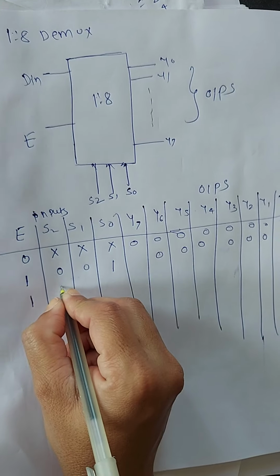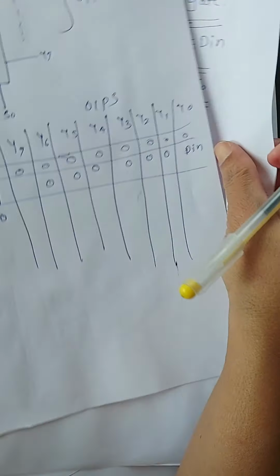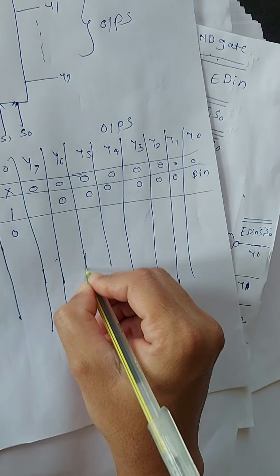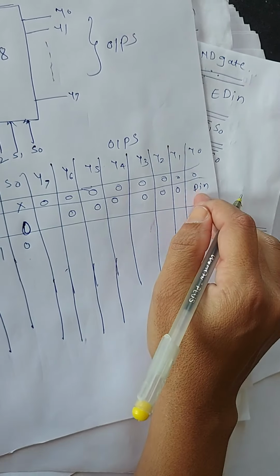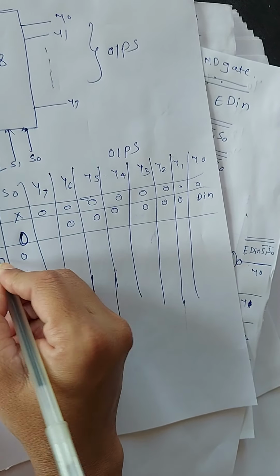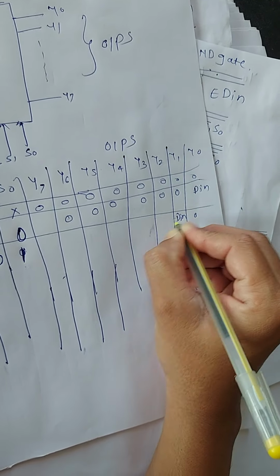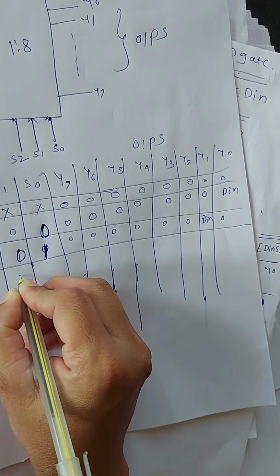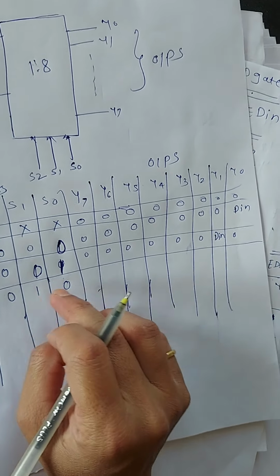When enable is 1 and the select lines are 0, 0, 1, Y1 is selected, and D in is routed to Y1. Next, enable is 1 and select lines are 0, 1, 0, which means number 2.